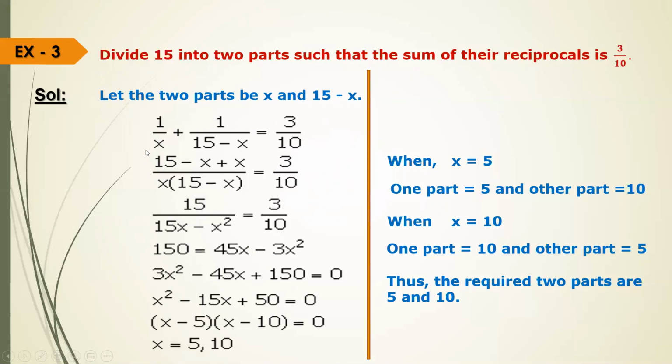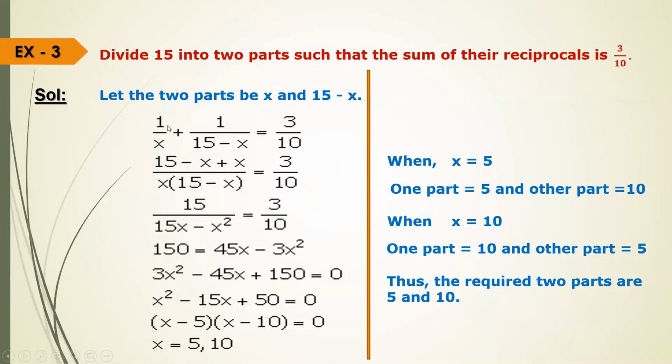Now to solve further, take the LCM of the full equation together, or you can take the left side and right side separately and then do the cross multiplication. Here first I am taking the LCM of the left side.